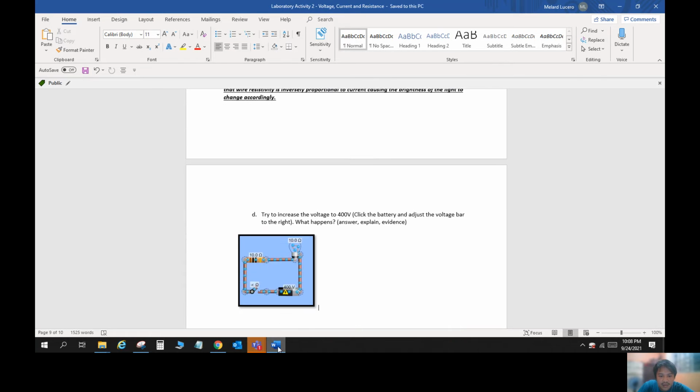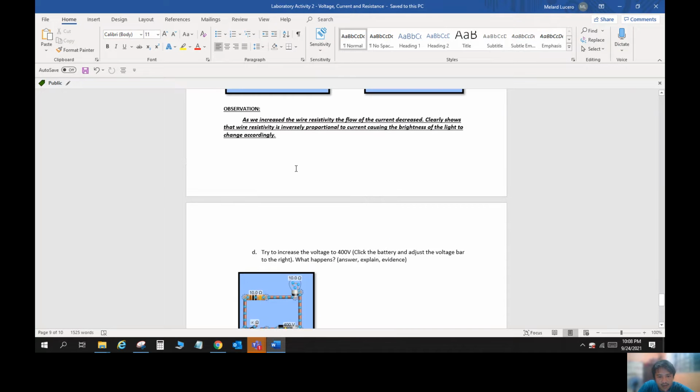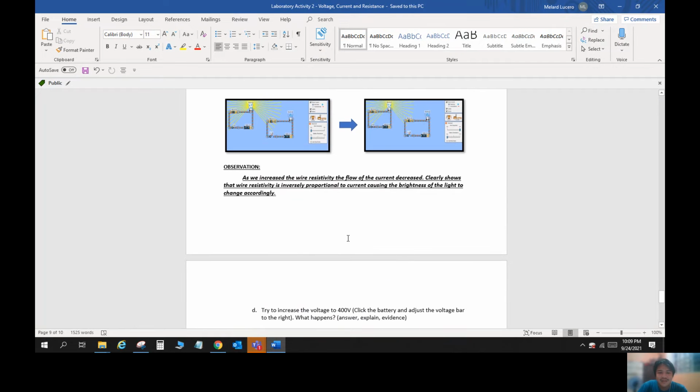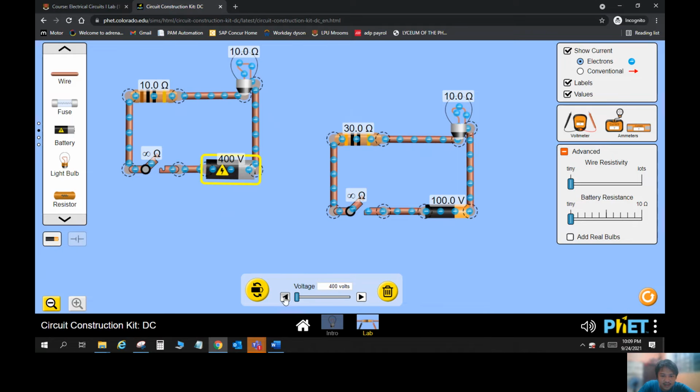Then lagay natin yung kanyang reaction. So initially, tingnan, meron talaga dito ng 100 to 400 volts. Lagay muna natin siyang 100.